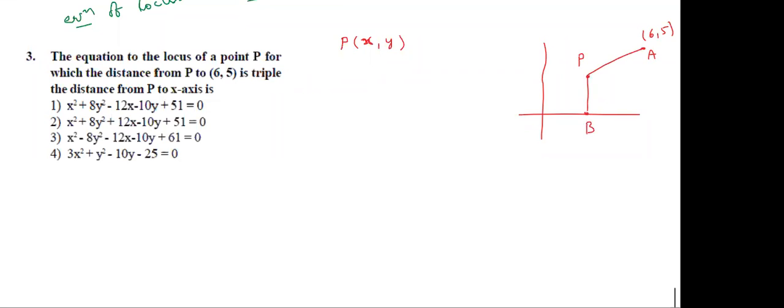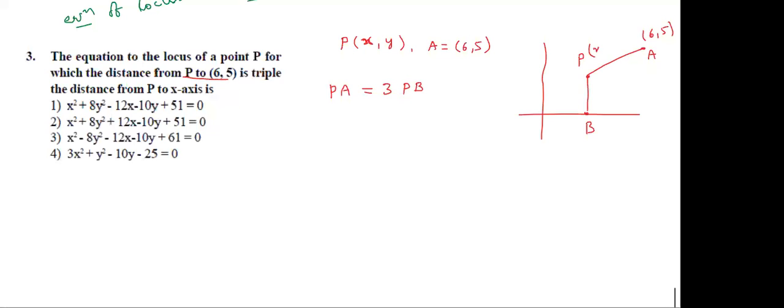Observe that P to 6 comma 5, so here A is 6 comma 5. P to A distance is equal to 3 times the distance from P to the x-axis. P to x-axis means that is PB.